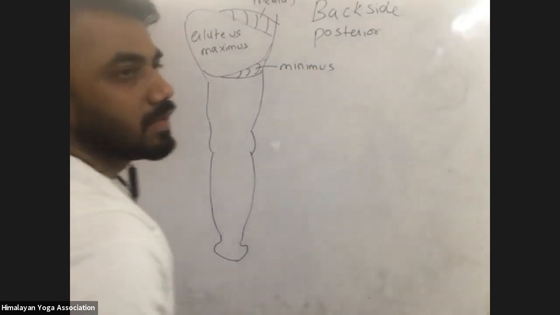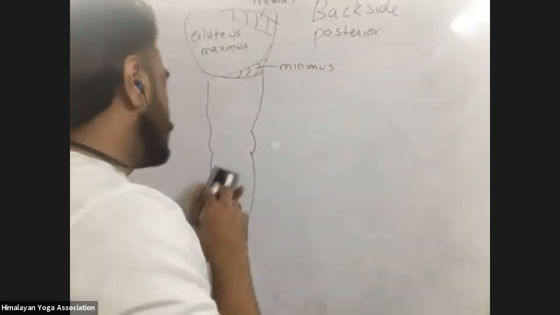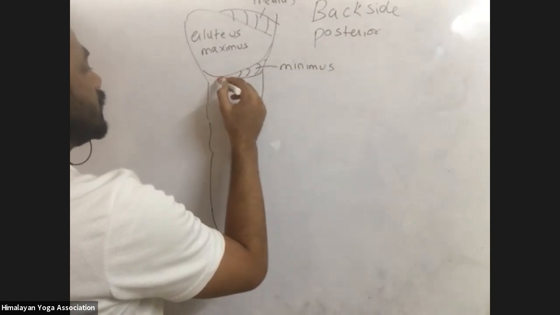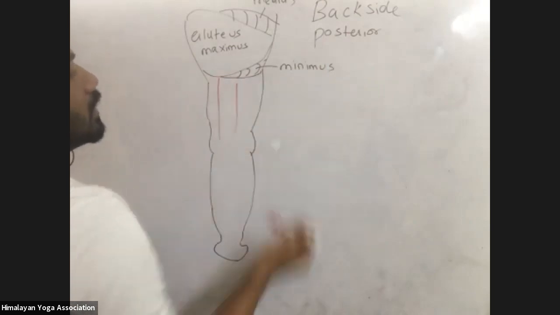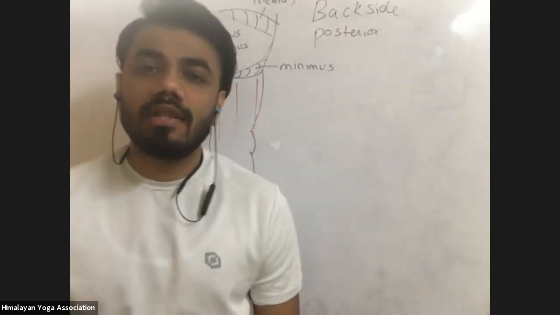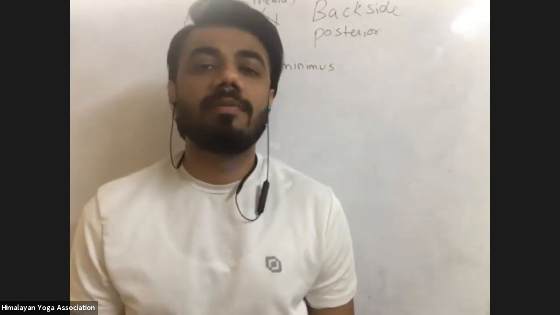Apart from this, the thigh. Below the buttocks, there will be the thigh. At the back of our thigh, on the posterior side, there will be the set of hamstrings. How many muscles do you find in the set of hamstrings?